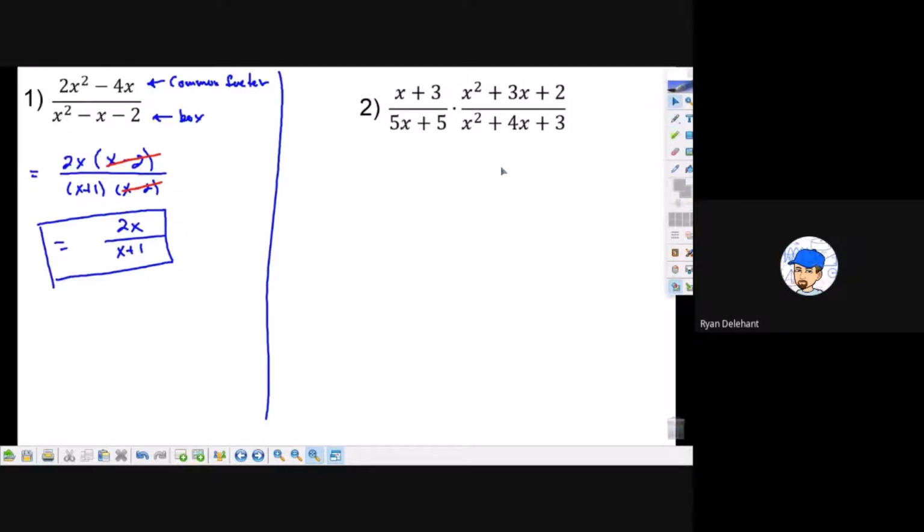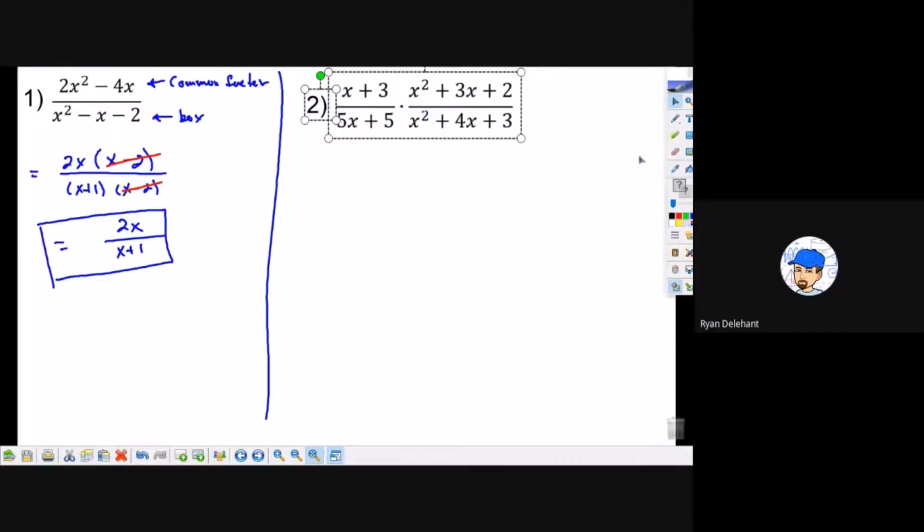Now we come in here and start on number 2. We want to multiply these fractions, but before we do this, we always want to simplify first. So that means we need to factor and cancel just like we did over here. So we've got x plus 3. The bottom of this has a common factor of 5. So that's x plus 1.